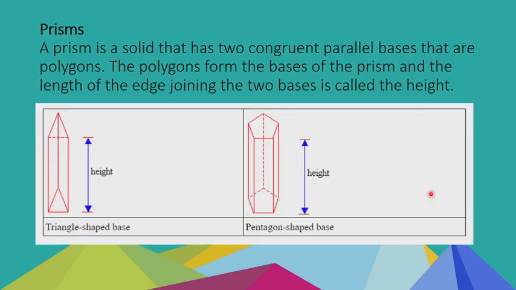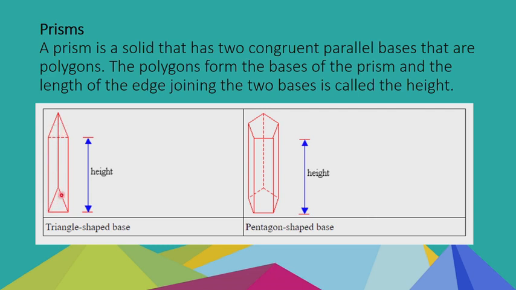Next one is prisms. A prism is a solid that has two congruent parallel bases, that are nothing but polygons. The polygons form the bases of the prism and the length of the edge joining the two bases is called the height. In this prism you can observe that the base we watch here is a triangle, and the bottom one is also a triangle.